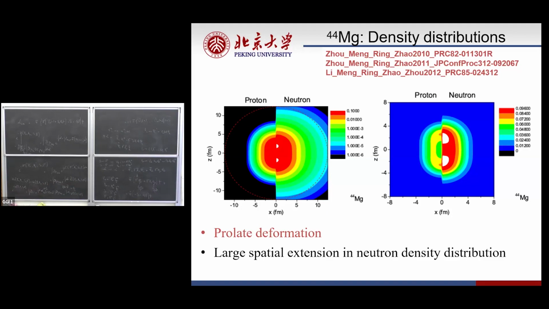If it is low-l orbitals, there is a small centrifugal barrier, and you could see the density decrease very far. But if the orbital has large orbital angular momentum, the density is constrained by some kind of centrifugal barrier. We call that kind of thing a skin.